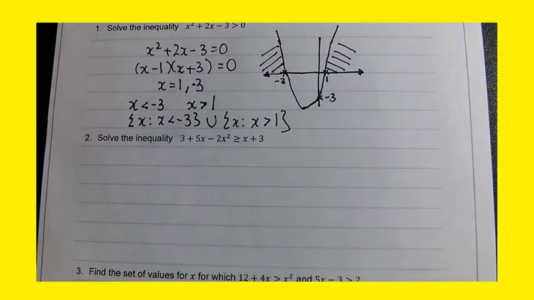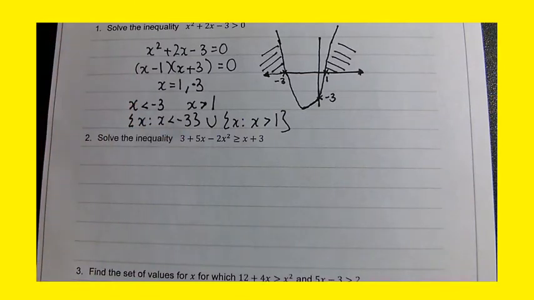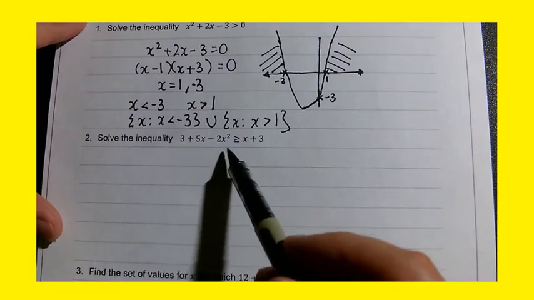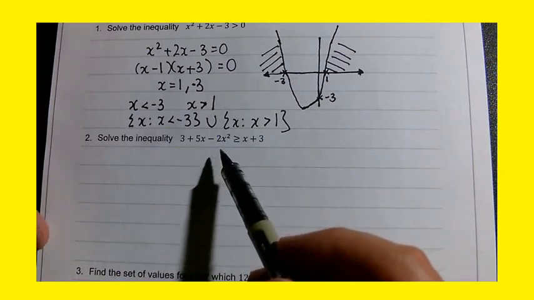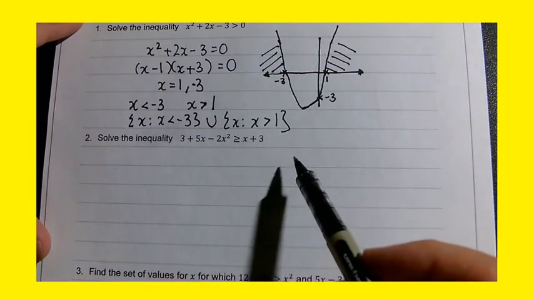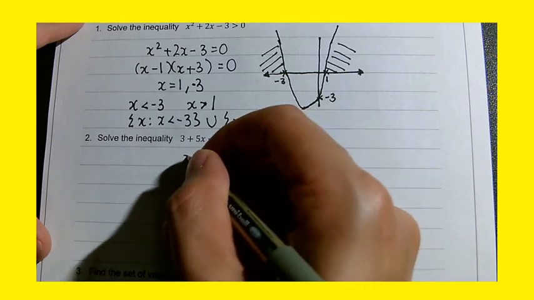Another way, which would probably be more preferable, is to make one side equal to 0. And it doesn't really matter which side I make equal to 0 as long as I get the right answer at the end. So what I'm going to do is move everything that's on the left hand side, because I want a positive quadratic which is easier to factorise, onto that side.